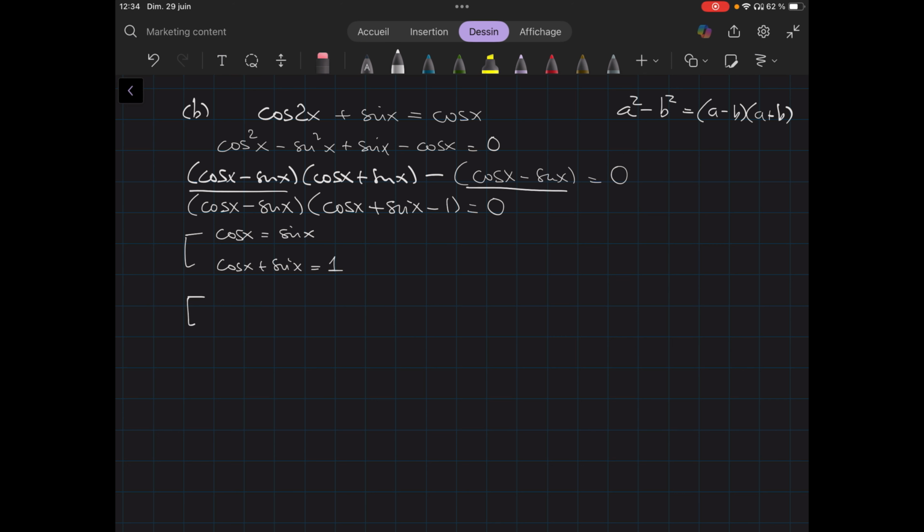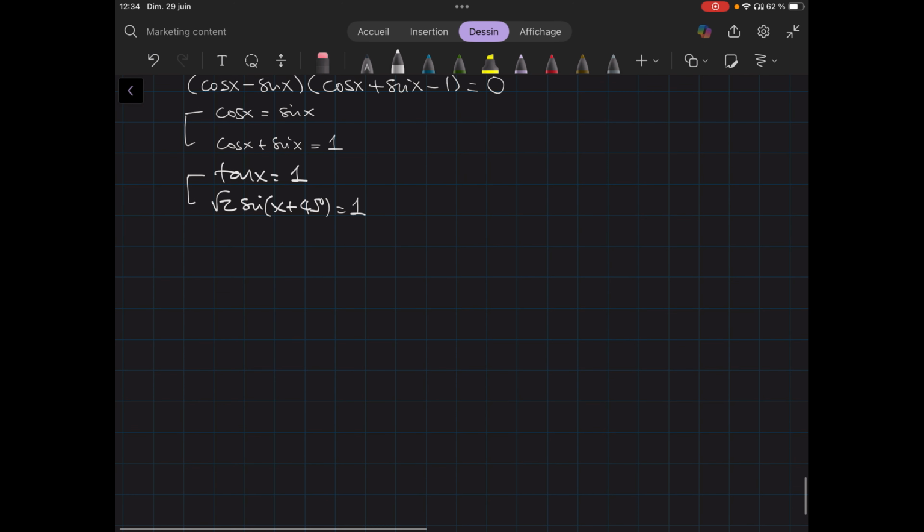Cos of x equals to sine of x when tan of x is equal to 1. For the second equation, we can use the hint. For the first one, x is equal to 45 degrees plus k180, where k is an integer.